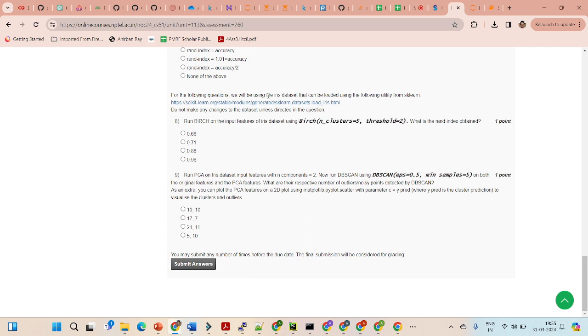You have to use scikit-learn to load the iris dataset, and then use the Birch algorithm, also from some library. You don't have to implement it yourself. And you have to get the rand index from that, which will also be generated from the algorithm only. Just put the answer, really nothing much here.